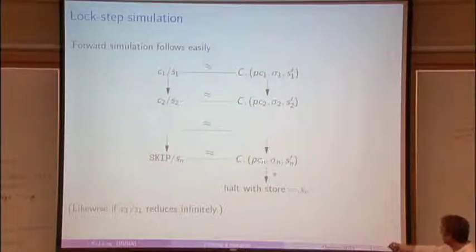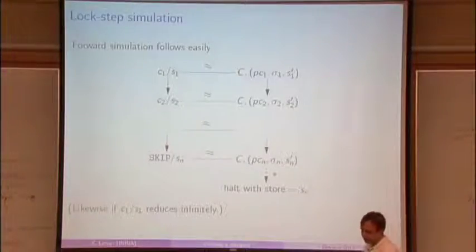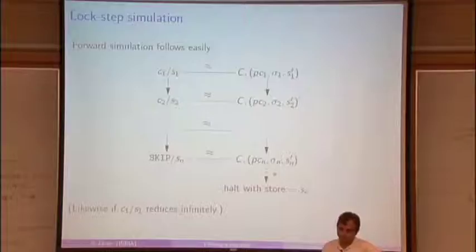And now the machine can do some more transitions and hold with the same final store. And so termination here is correctly simulated by termination there. And likewise, if C1 S1 reduces infinitely, so now you have an infinite sequence of transitions in your source, an infinite sequence of transitions in your compiled code, and divergence is preserved. So that's the easy case.